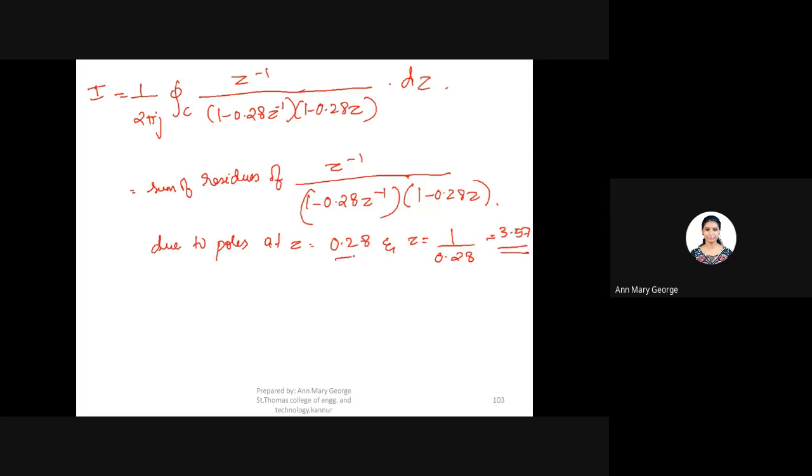These are the poles, and we can eliminate this 3.57.